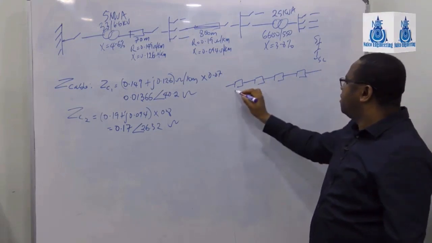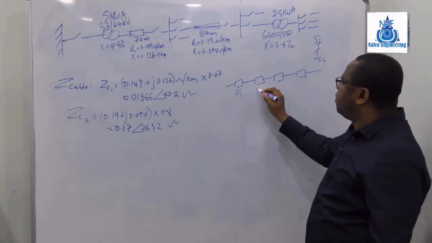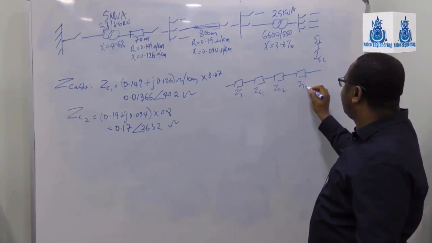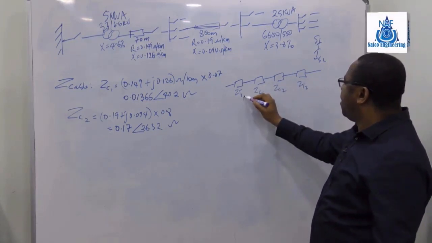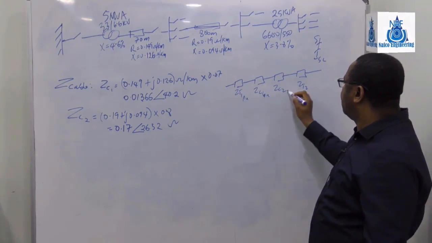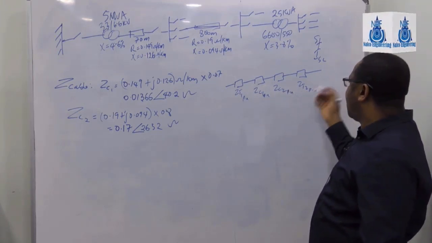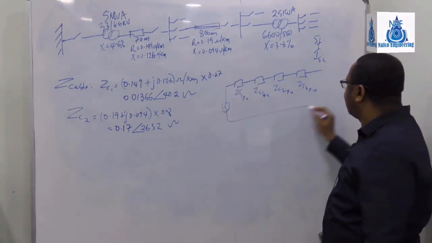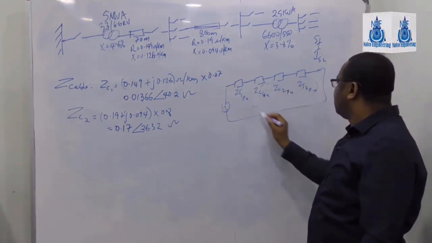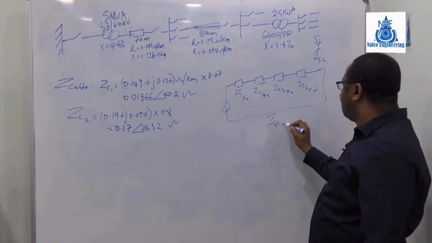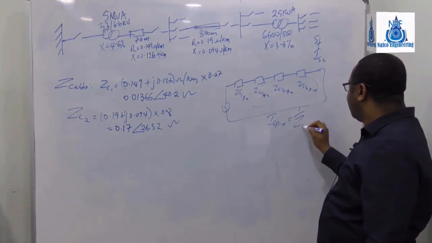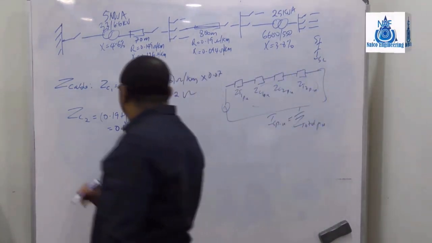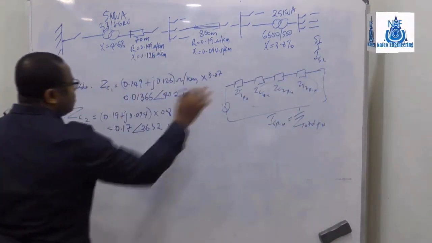So if I can get Z of transformer 1 plus Z of cable 1, Z of cable 2, and Z of transformer 2, if they are all in per unit, then I can easily calculate I short circuit. So I short circuit in per unit is 1 over Z total in per unit. So let's just get those Z's.